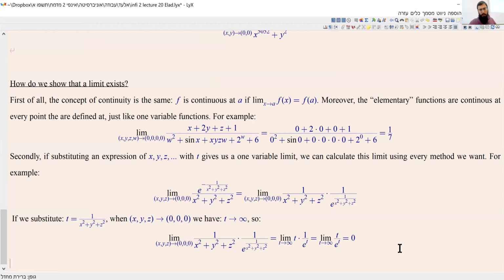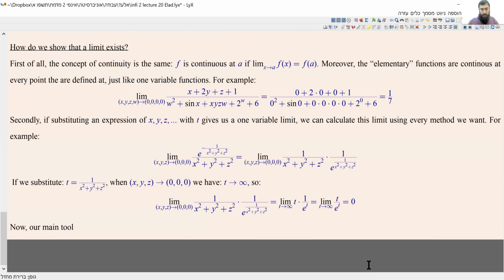So, besides, now something, our main tool is the sandwich. We look at the absolute value of our function, which is always greater than 0.